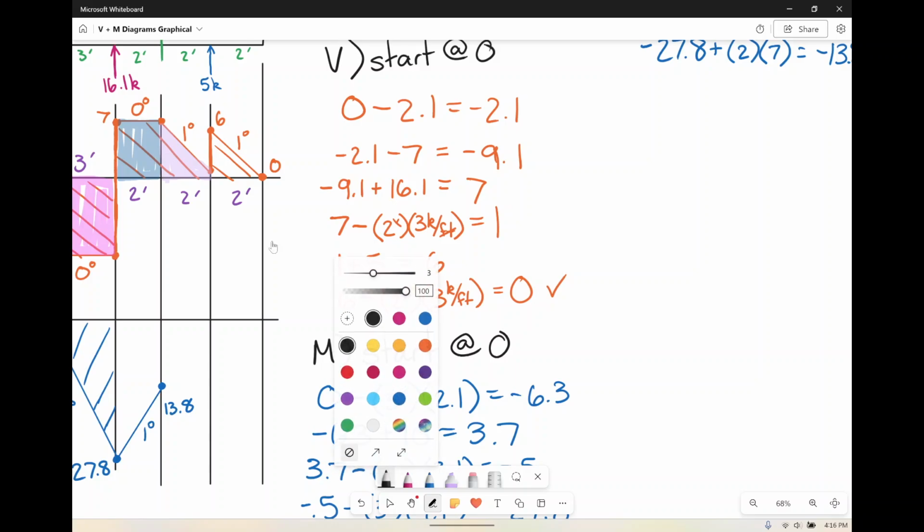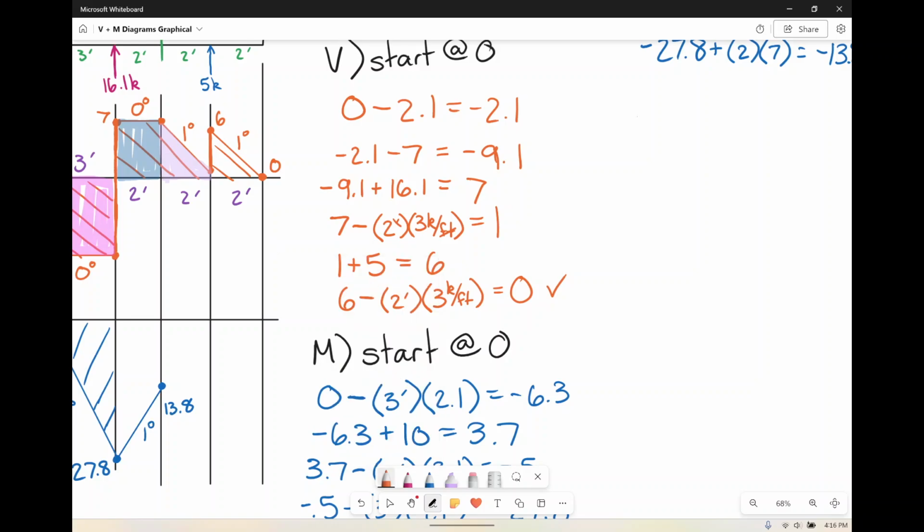Let me blow up this picture for you real quick over here. He looks like this. He's at 1. I don't think we labeled that. Shame on us. He's at 1 and 7. But this is the shear diagram. So yes, he is a 1 degree curve.